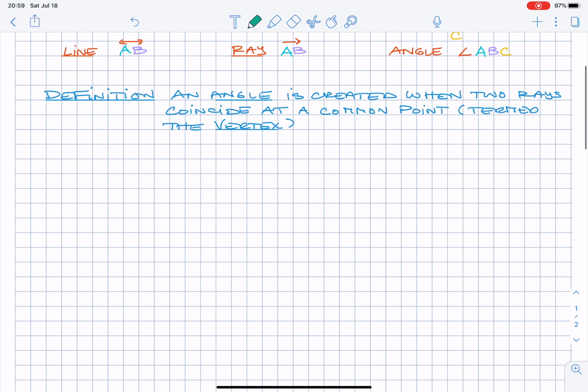Okay, so let's note something about angles. Angle measures are usually annotated with Greek letters.